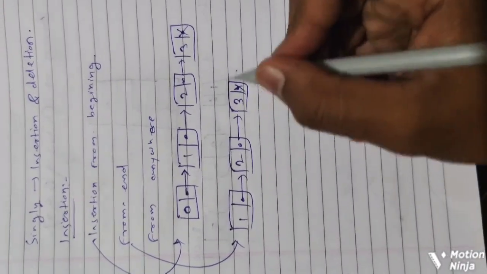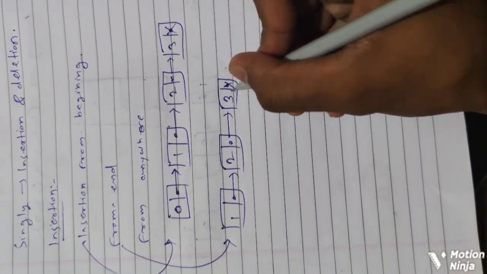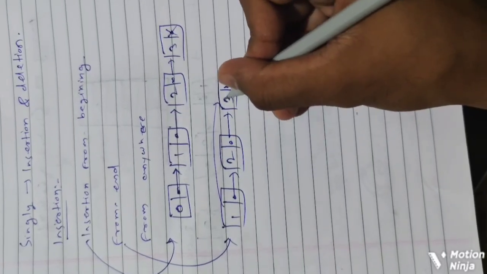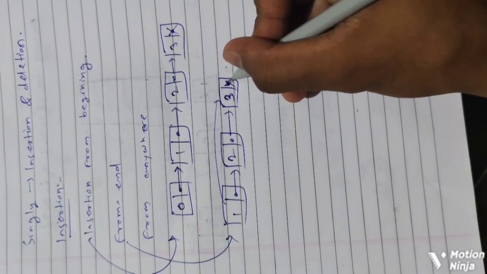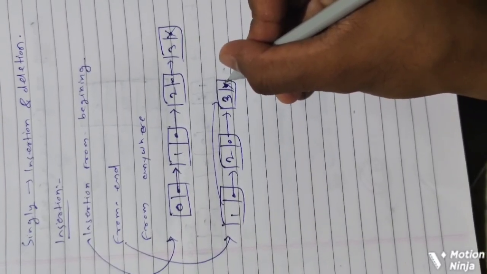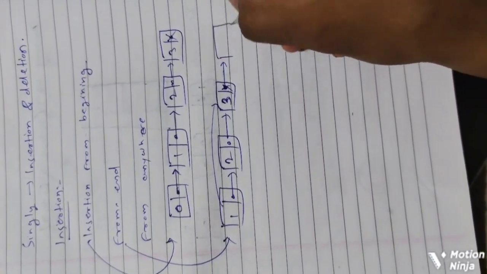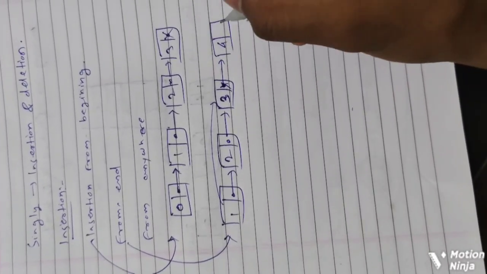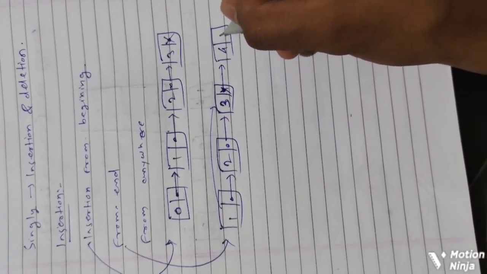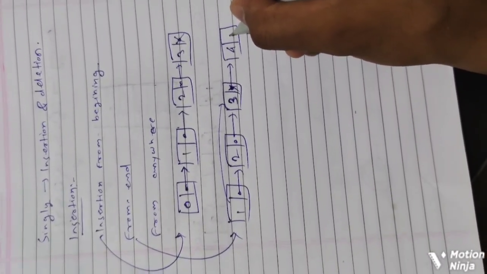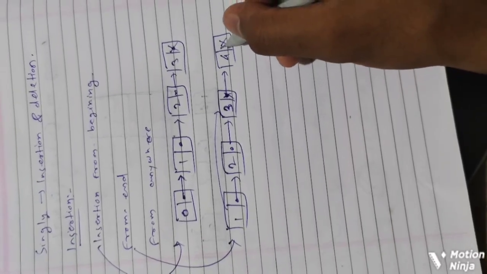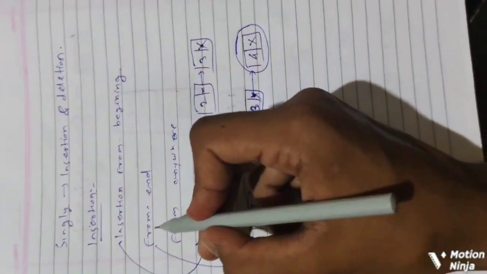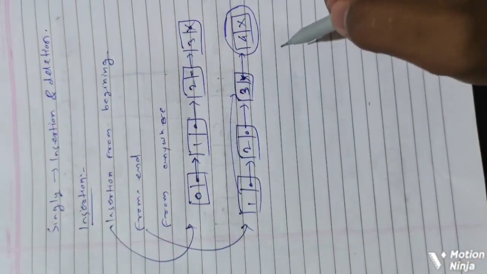First we have to traverse the whole list to the last element, and then change the pointer of the last element from null to point to the location of the element we have to insert, in this case 4. Then we set the pointer of 4 as null, so this element becomes the last of the list, and hence the insertion from the end is successfully completed.